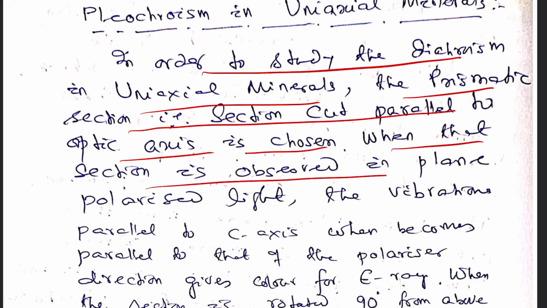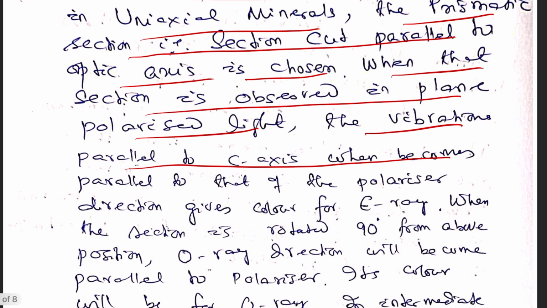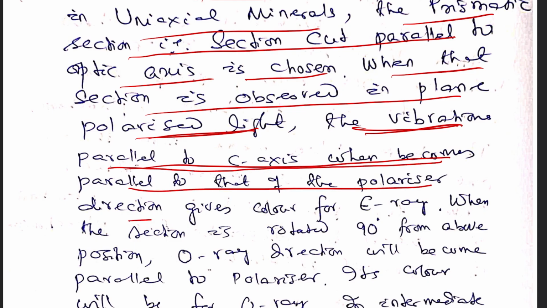When that section is observed in plane polarized light, the vibrations parallel to the C axis, the polarized light that comes from the polarizer will pass through the C vibration direction, and that color will be the color for the E ray.